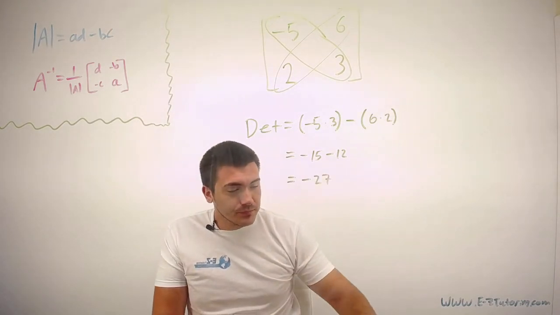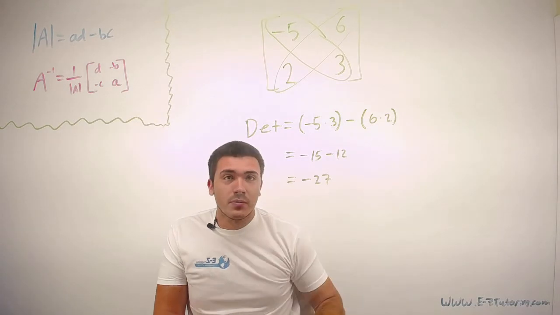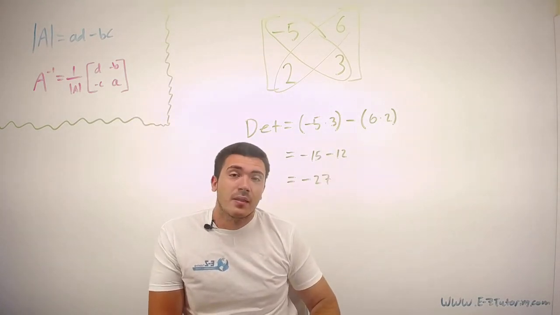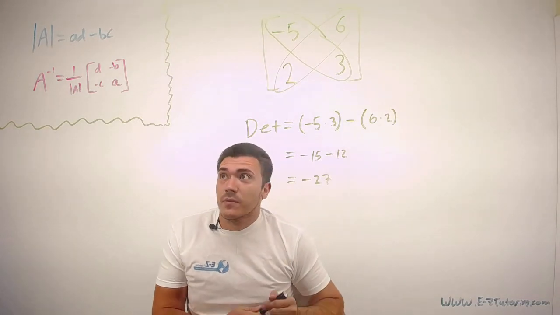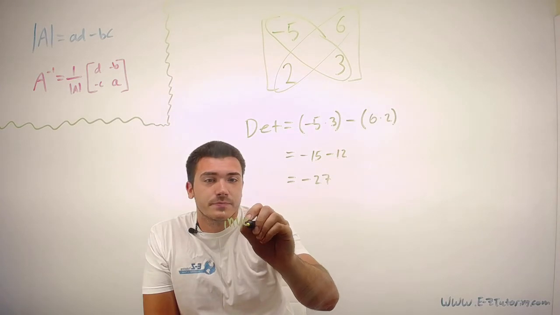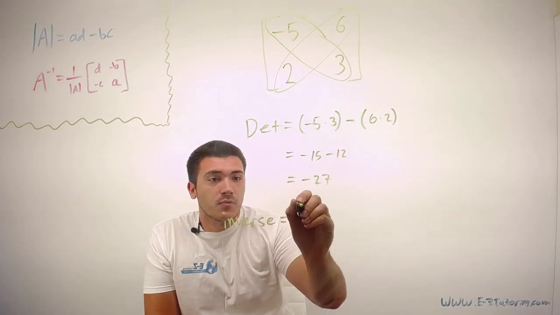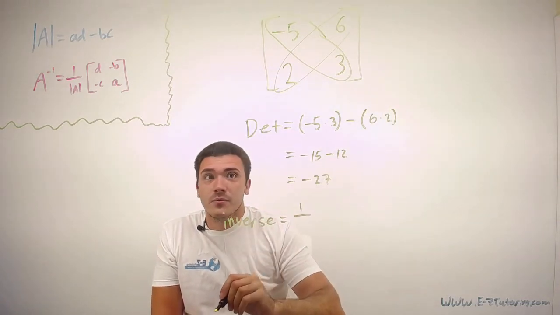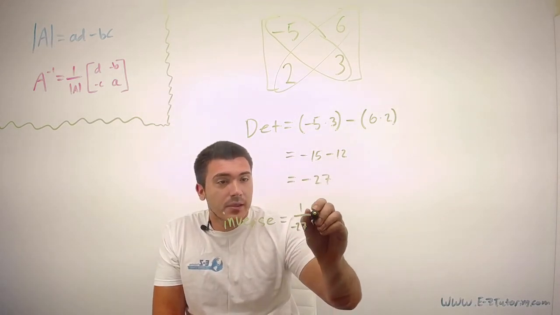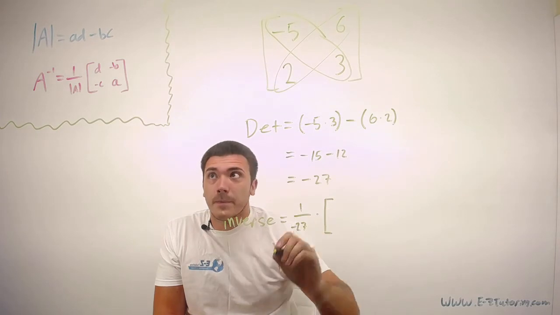Okay? So now suppose that we want to find the inverse of this matrix. Now you always have to do the determinant first since it's in the formula. So the inverse is 1 over the determinant, which is -27, times the matrix.